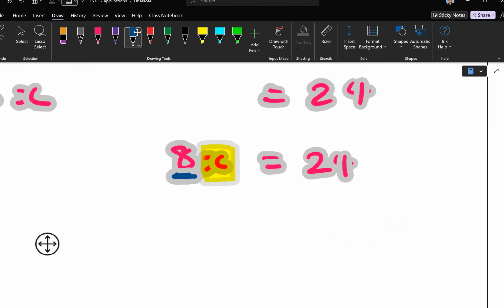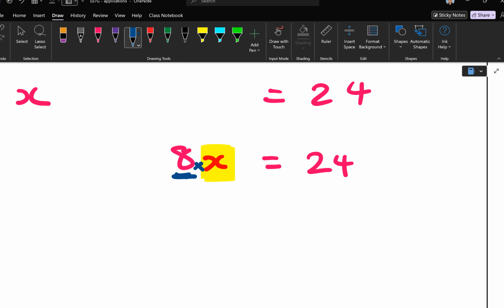Yeah, because in between the X and the 8 is a times. And if you want to undo times 8, well, then the undoing process is divide by 8. But whatever you do to one side, you have to do to the other. So logically, you probably figured this out in your head before, that X is equal to $3.